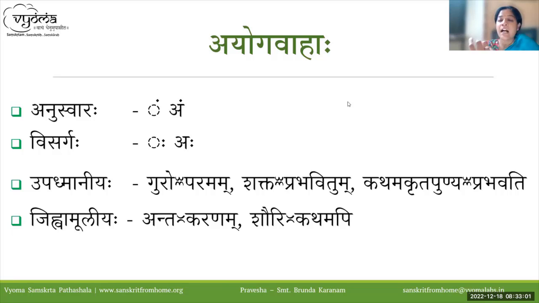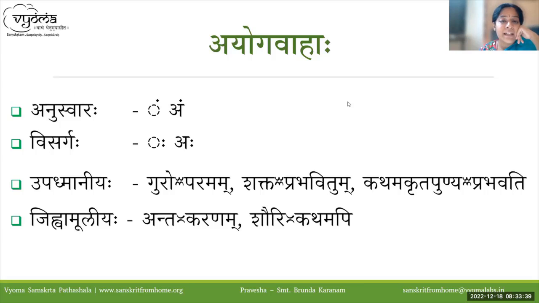The svaras and vyanjanas are derived from these Maheshwara Sutrani: a i un, rik, e on, and so on. In these, we don't have ayogavaha mentioned. So even though they are not included in Maheshwara Sutrani, they form a part of the varnamala by virtue of their usage, prayoga. Therefore, they are called ayogavaha. If this sounds too complicated, we can leave it for now, but because you asked, I'm clarifying this.